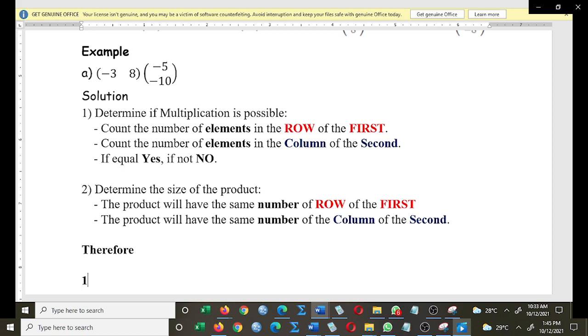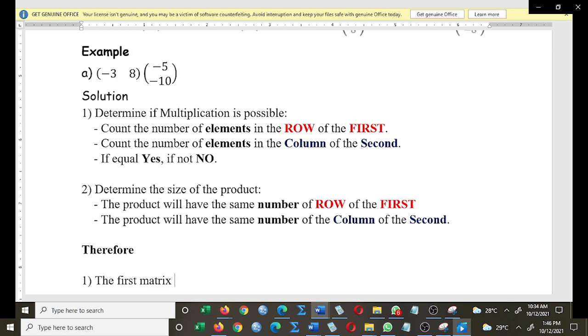So our first observation, what can I write there? You can write the first matrix.